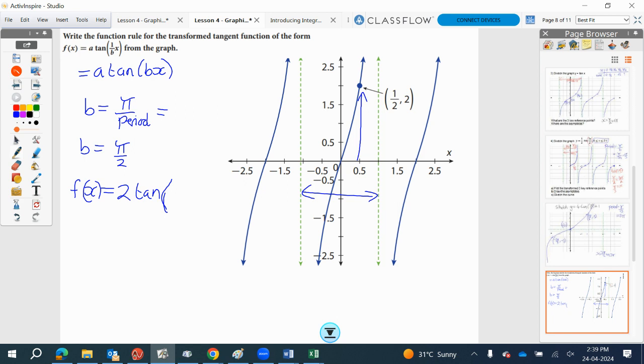So, writing it in my form, I get pi over 2x. So this is the correct function. This implies that the b given here, so this is equal to 2 tan of 2 over pi x.